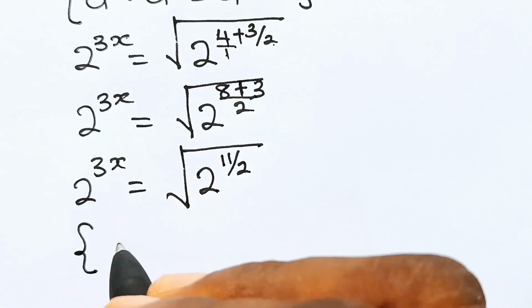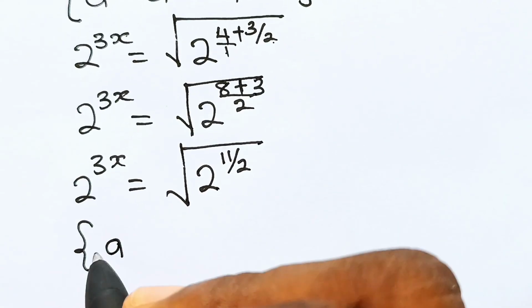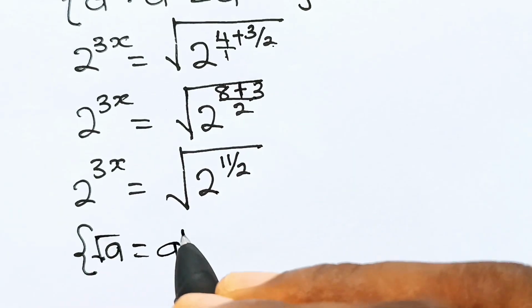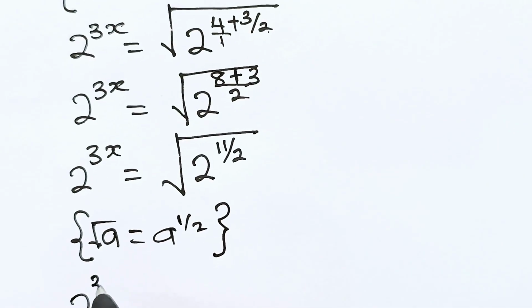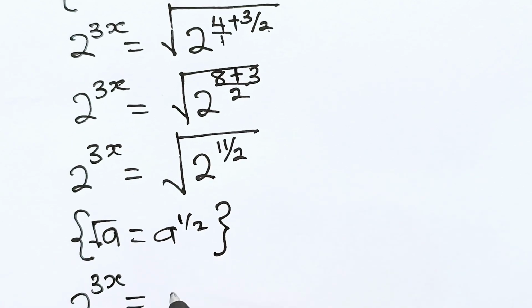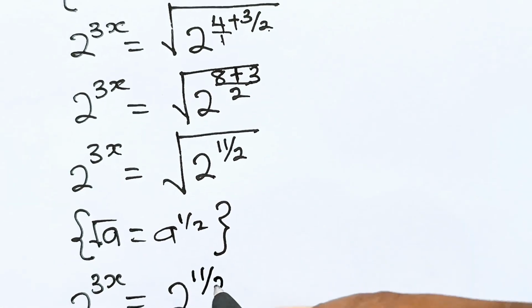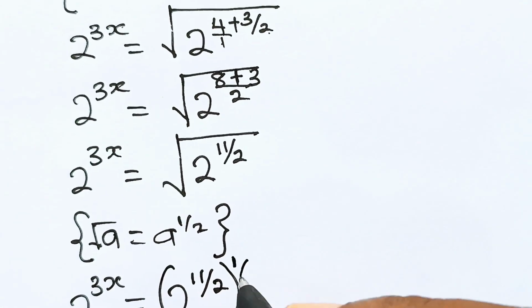Now still remember that square root of a is a to the power of half. So we have 2 to the power of 3x is equal to 2 to the power of 11 over 2 raised to the power of half.